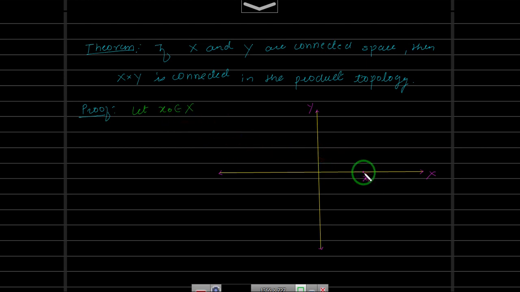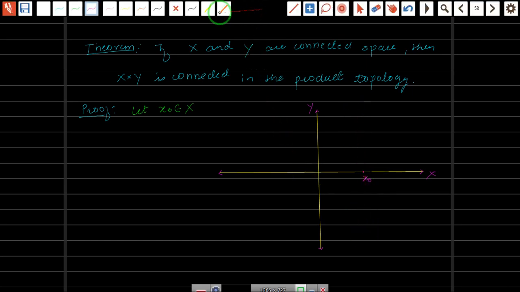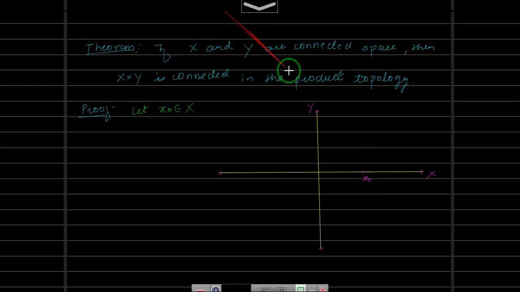Now let us take all those points which are on the line passing through x0 and which is parallel to the Y axis. Let us first draw that.